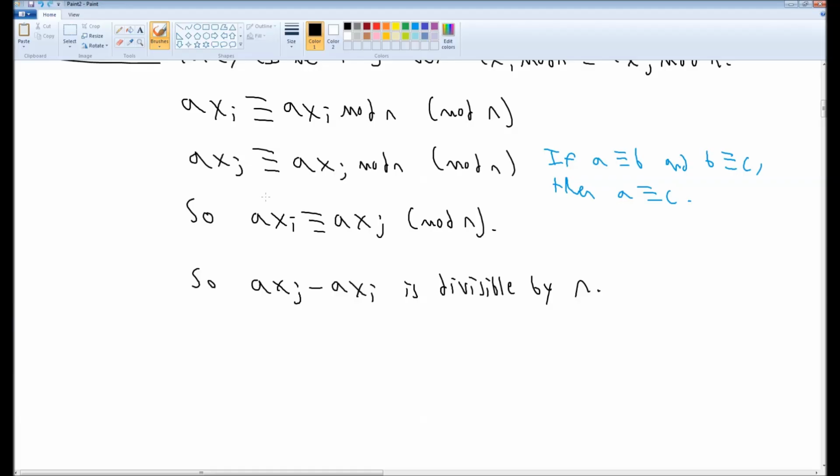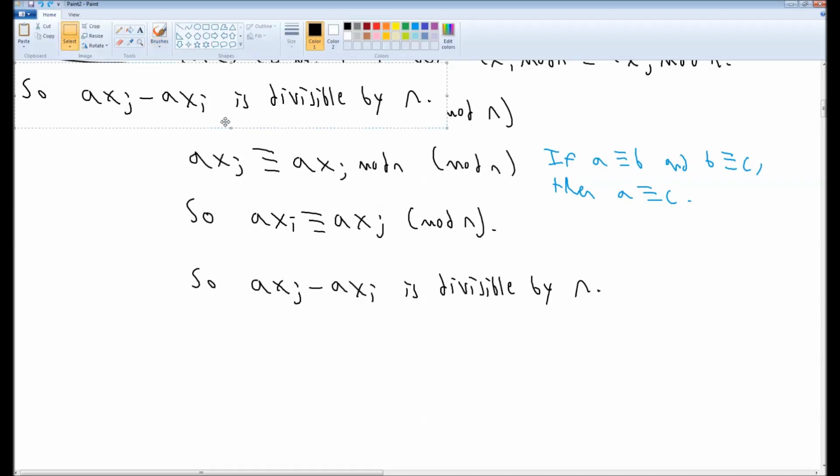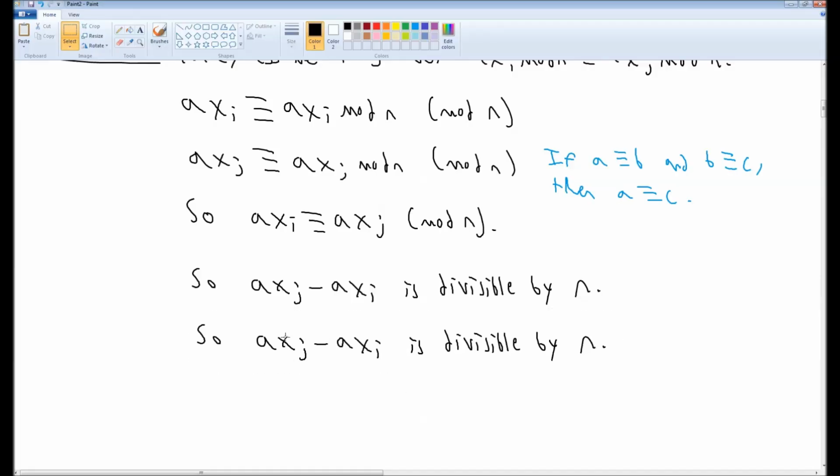And by the way, it doesn't matter what order you subtract these two, because if you subtract them in a different order, you just get a negative, so it doesn't affect divisibility in any way. We know this is a positive number because a is positive, and xj is bigger than xi. And now we can simplify this a little bit. We can factor out an a.